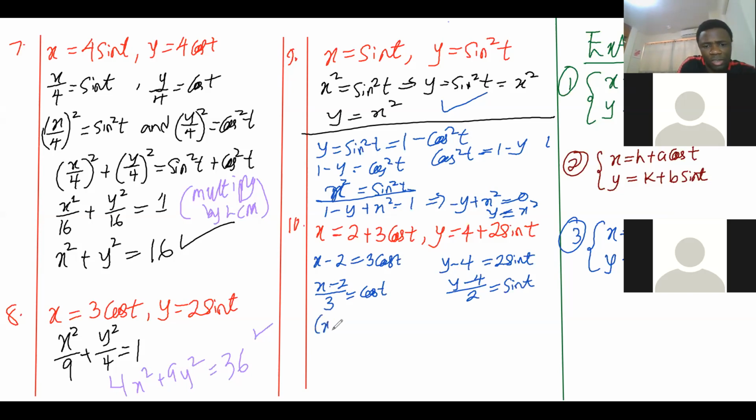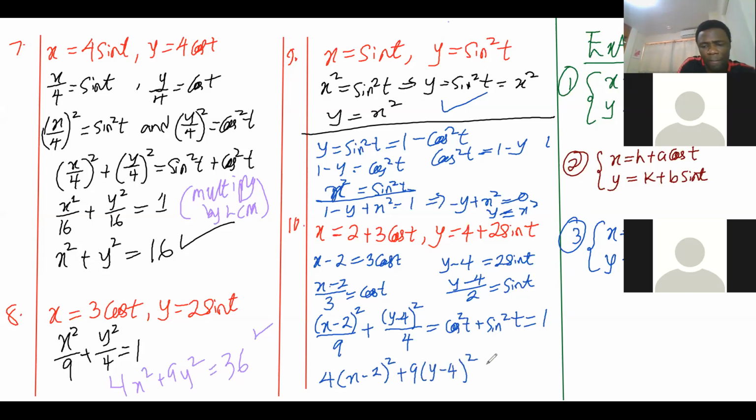It means x minus 2 all squared divided by 9 plus y minus 4 all squared divided by 4 equals cos squared t plus sine squared t, which is equal to 1, of course. So if you multiply it through by 36, you get 4(x minus 2) squared plus 9(y minus 4) squared equals 36. Does everybody get this? Anyone?